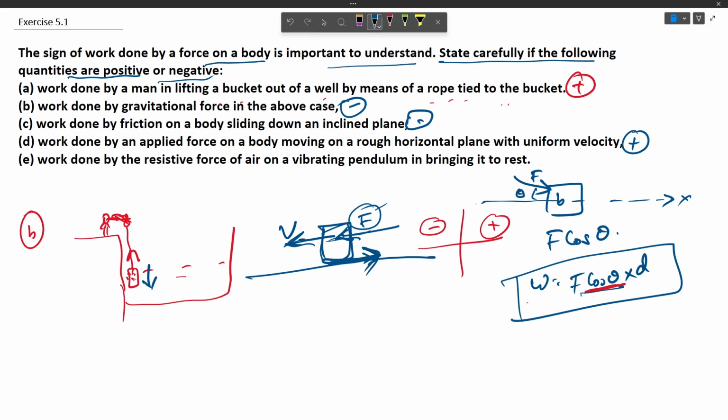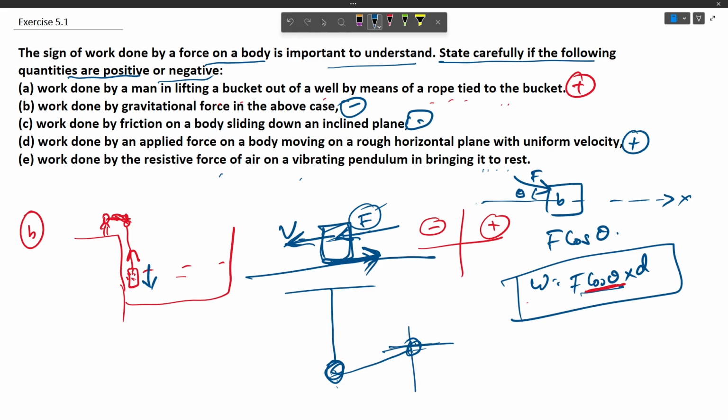Now in the fifth case, we have work done by the resistive force of air on a vibrating pendulum in bringing it to rest. Here the friction force is causing the ball to come to rest. Let us assume that this is the mean position or the maximum velocity position. As soon as the body is here, it is the extreme position or the zero velocity position.